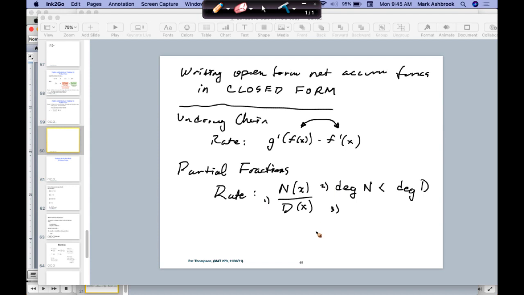There's something about our original fraction that allows it to be written as a sum. Yeah, so this denominator has to break up into at least two factors. If you've got all three of those criteria, then you can use partial fractions.